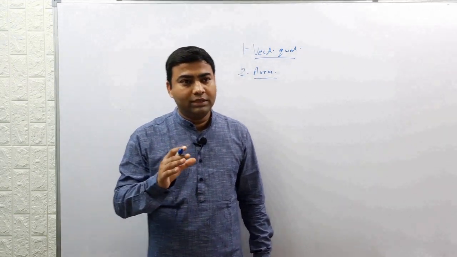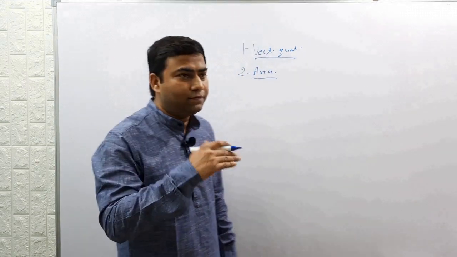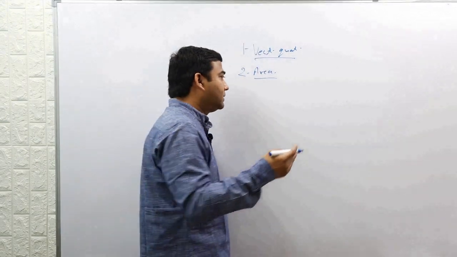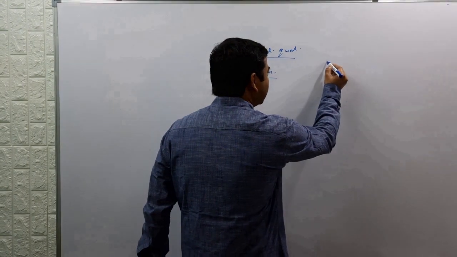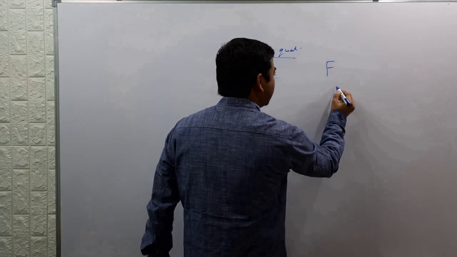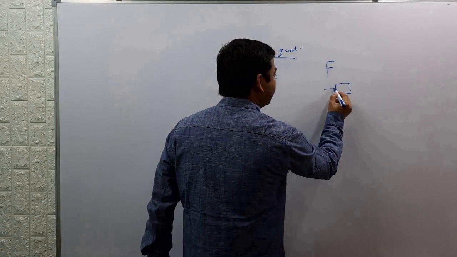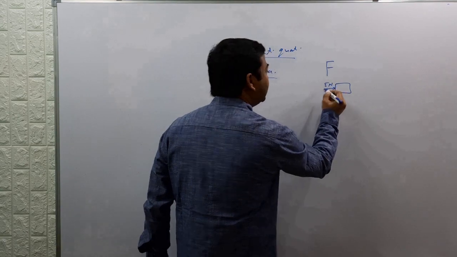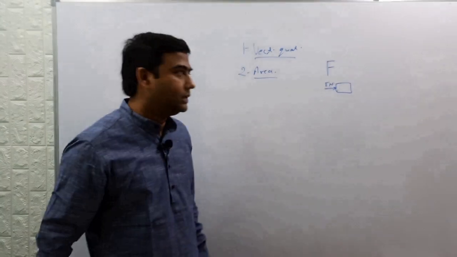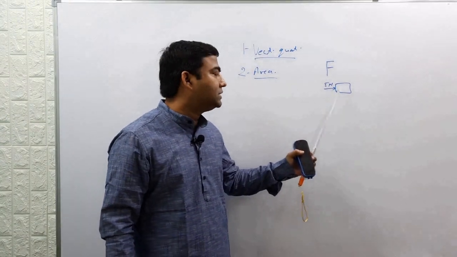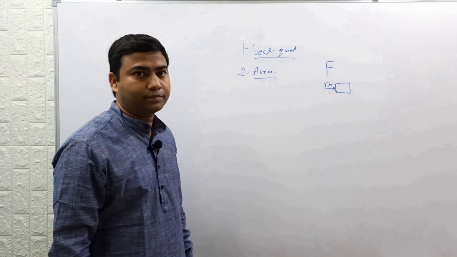So a physical vector quantity such as force: a particle may experience a force of 5 Newton. Let us say, for example, the particle is experiencing a force of 5 Newton.